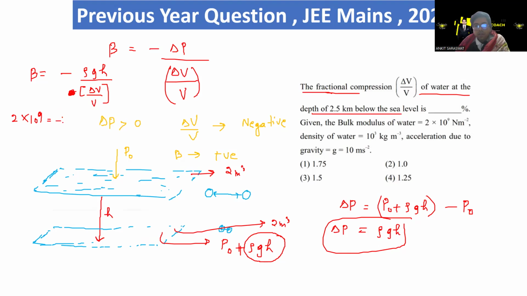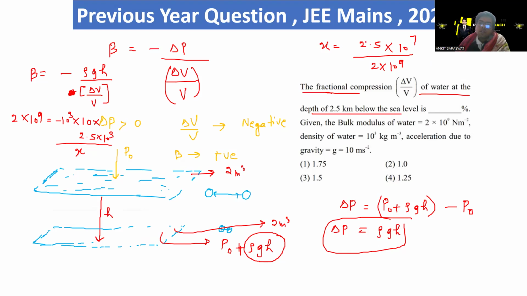Rho is 10 to the power 3, g, then you can take 2.5 kilometer. In meters you can convert. You can take this as x. So x will be what? 2.5 into 10 to the power 7.